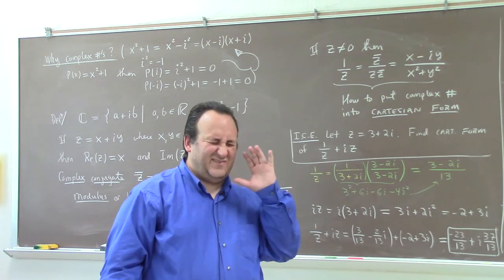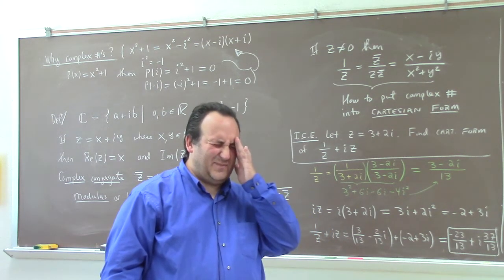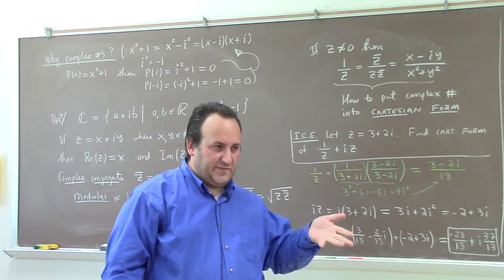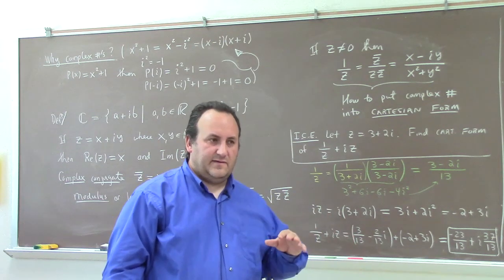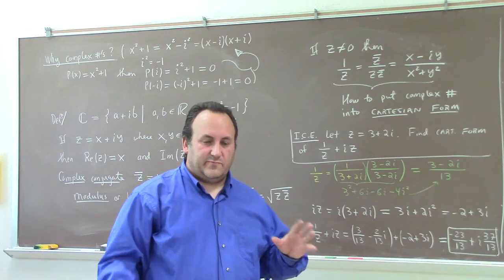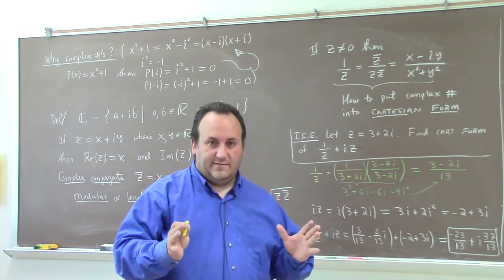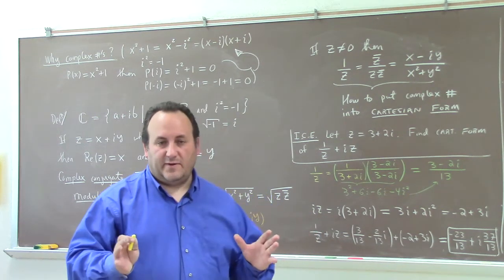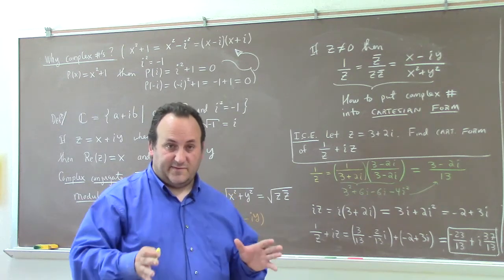This is kind of an elementary comment, but if you can factor a polynomial one way, can you factor it another way? Suppose I have a polynomial with real factors, like x plus 1 times x plus 2.